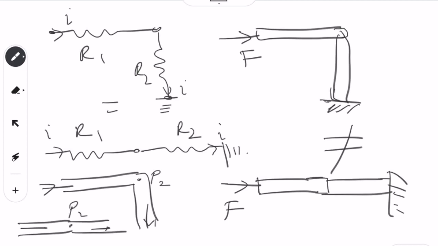If you have that same condition, both will be exactly the same, because this is based on conservation of mass. Basically whatever mass flows in here, it will get out. Similarly this will be at the same level.